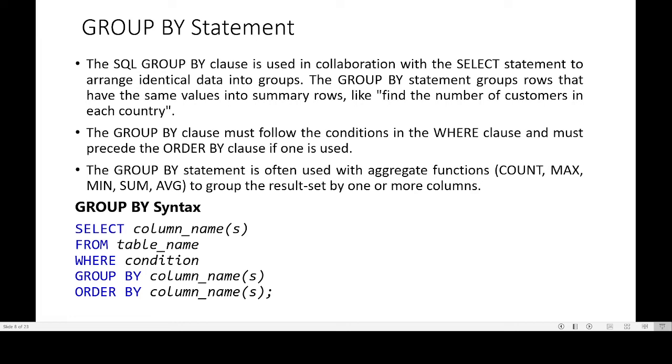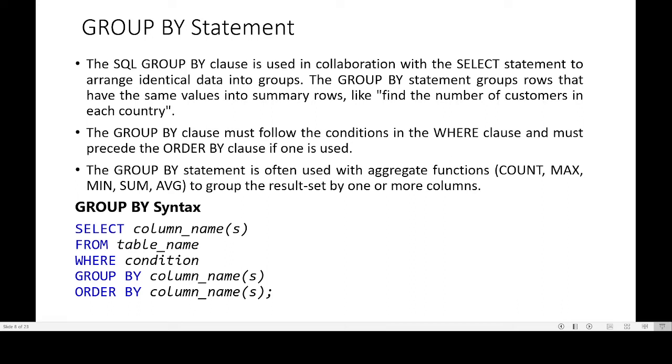Similarly, we can use group by statements wherever we want to group similar things into a summary row. Basically, when you are using this group by statement, please make sure that it should always follow the conditions in the where clause and must precede the order by clause if one is used.